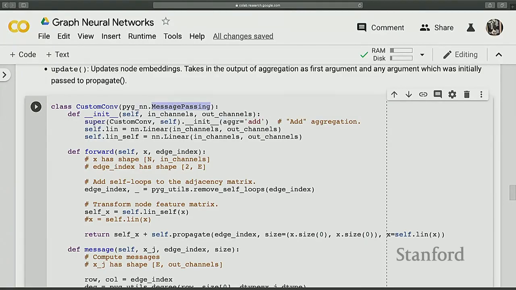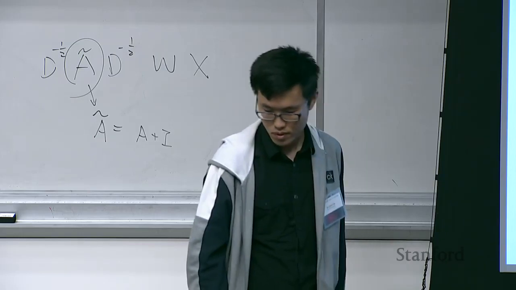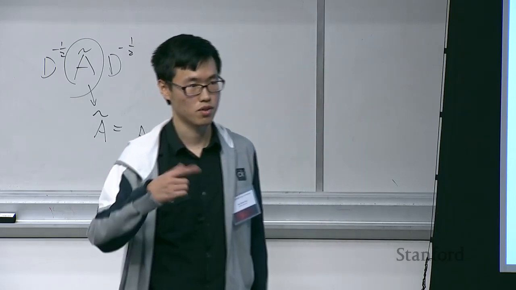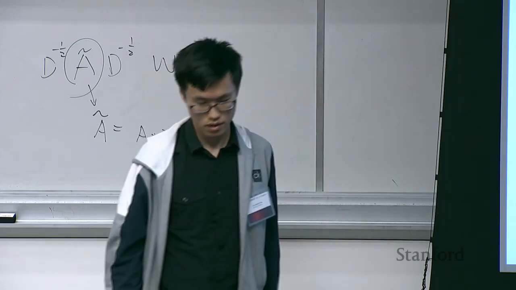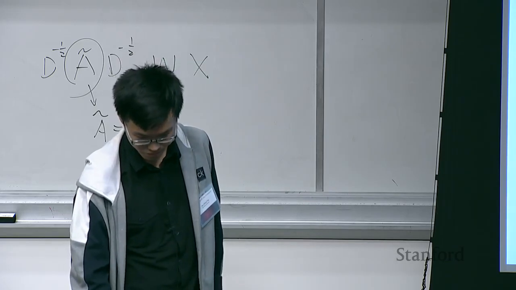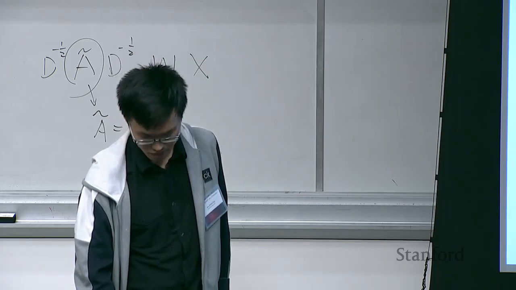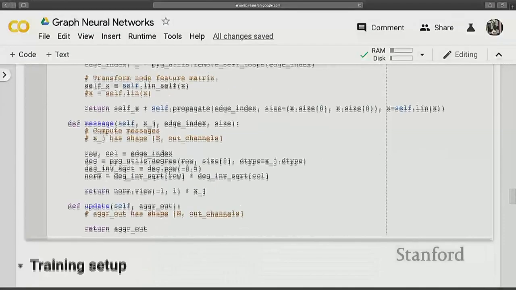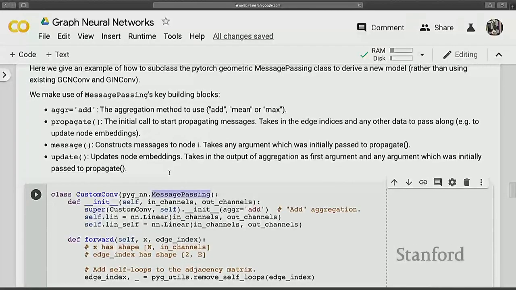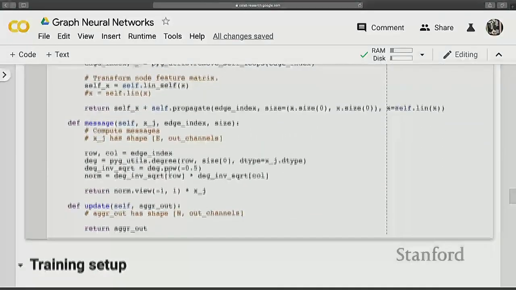It will not work without super. Yes, you have to call super. And it's best to call it before everything else in your init, because then PyTorch's module is initialized first before you define everything.